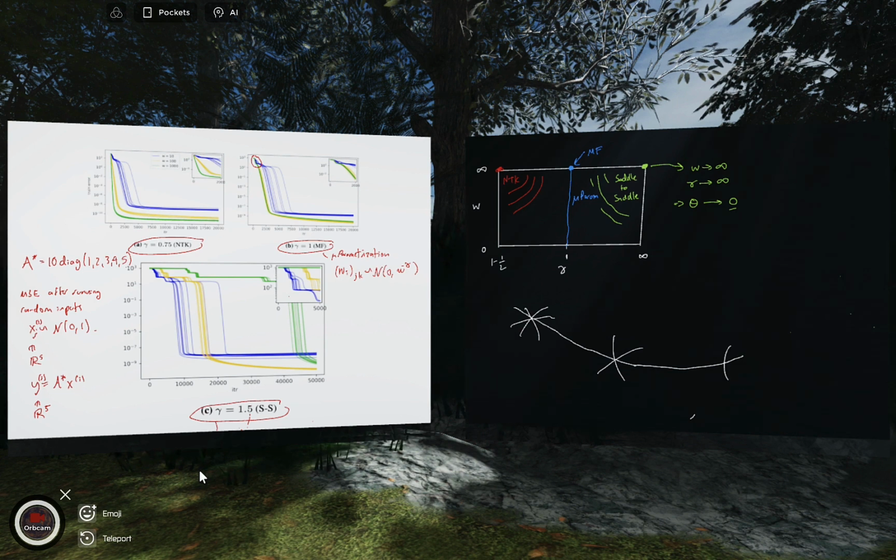At the origin, there's this rank 0 saddle. And we initialize very close to this point.